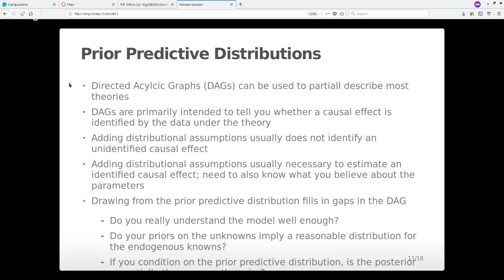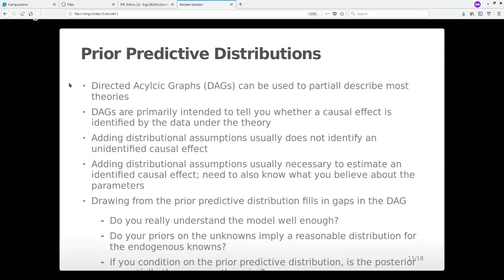And I think that accomplishes a number of purposes. One, it's the only sufficient indication that you have to demonstrate to yourself that you actually understand all the parts of the model. In my experience and a lot of people's experience, people will say, yeah, I get it, but they don't actually get it well enough to draw from that prior predictive distribution. And the reason is that they didn't actually get it.